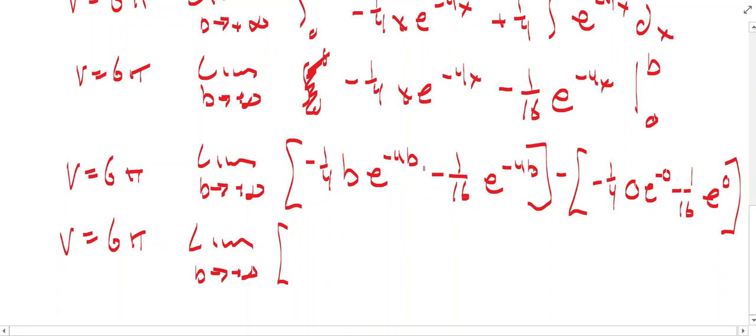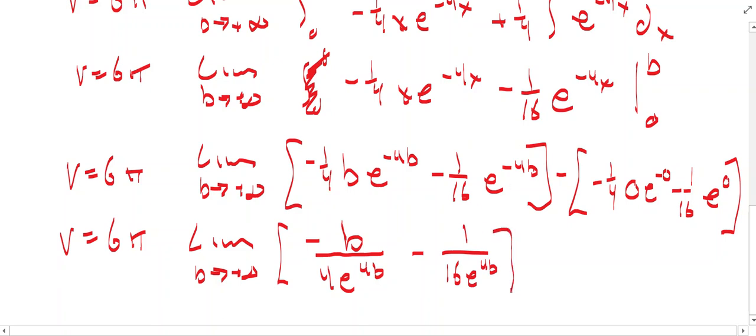So this e to the negative 4b, I find it easier, as I mentioned in another video, to simply write that with the b in the numerator and 4e to the positive 4b in the denominator, and minus 1/16 e to the 4b, minus, this whole term becomes 0, and then this e to the 0 is 1 times the minus 1/16 will be minus 1/16.